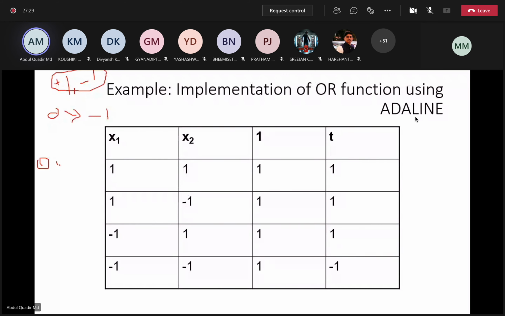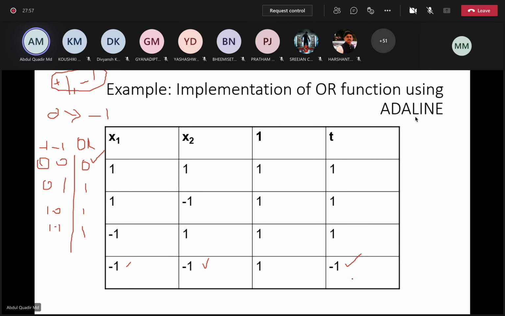What is the normal OR formula? 0, 0, 0, 1, 1, 0, 1, 1, with outputs 0, 1, 1, and 1. This is normal OR, right? But for bipolar OR, 0, 0 I am replacing as -1 and -1, and the target output 0 is also -1.